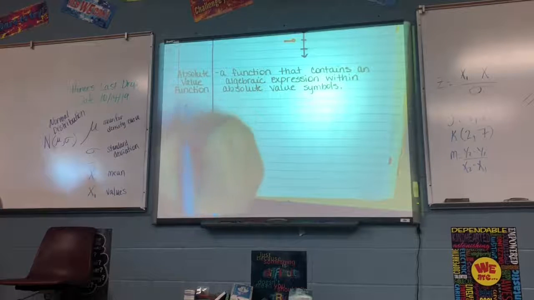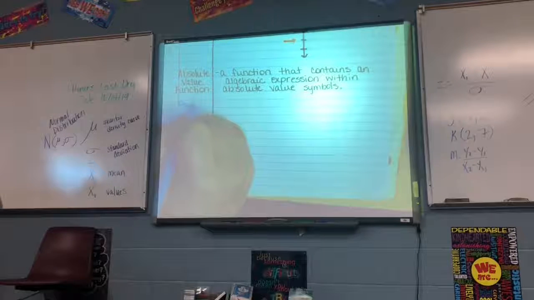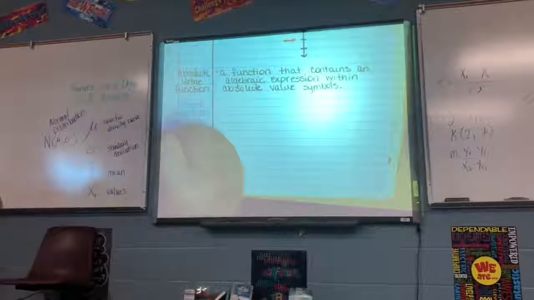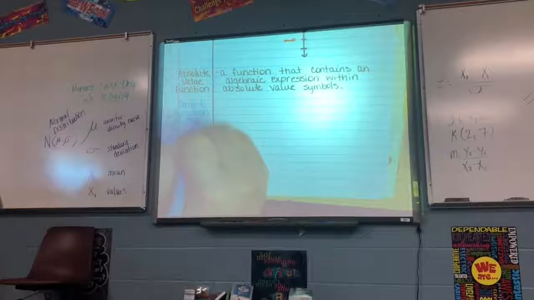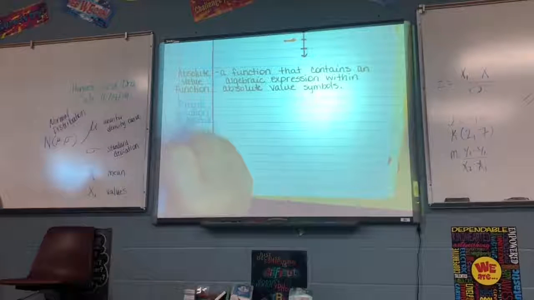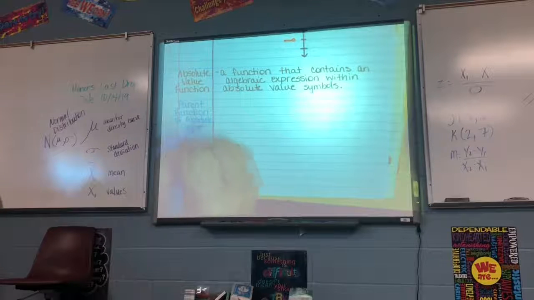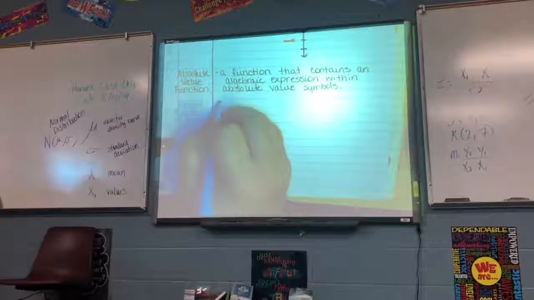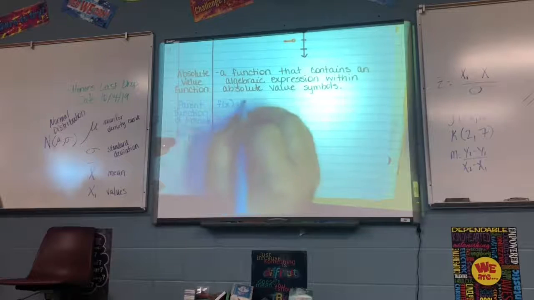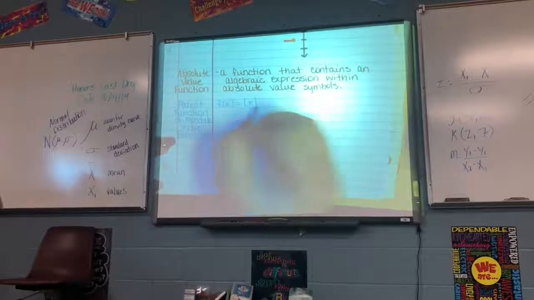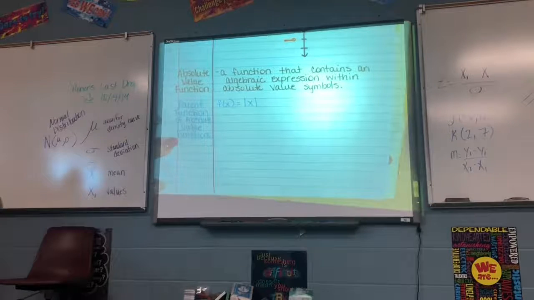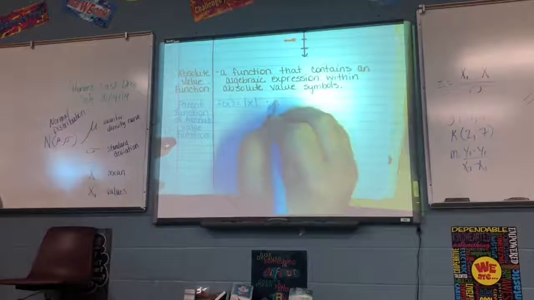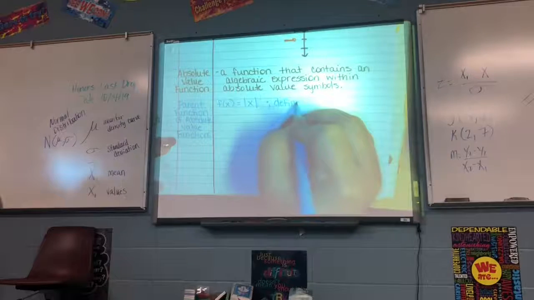Alright, so we're going to talk about its parent function. We'll start out with what the parent function looks like. f of x equals the absolute value of x. It is defined as a piecewise function.